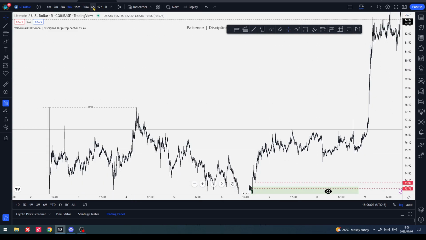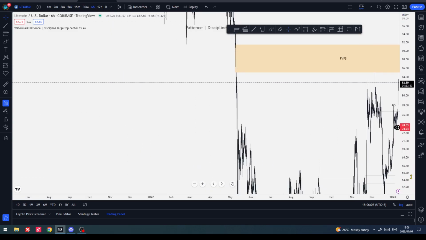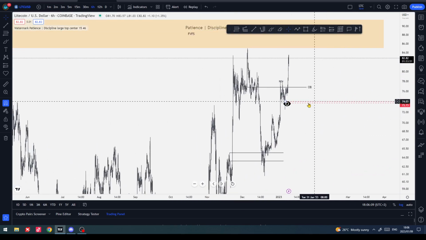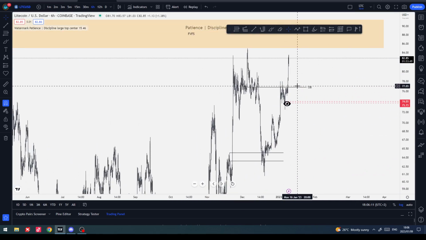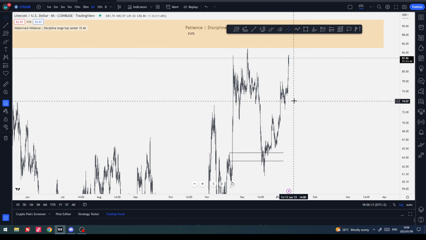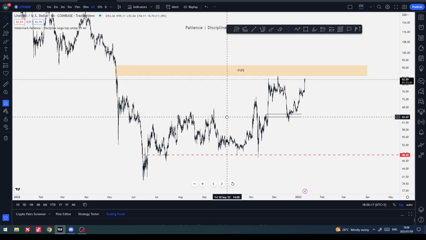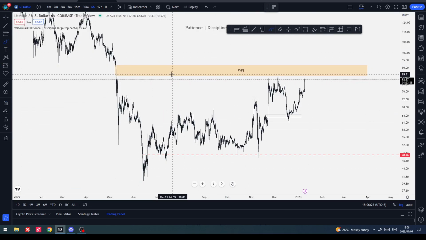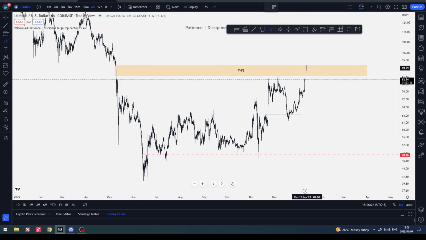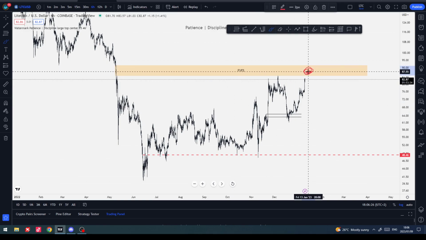Let's have a look at LTC. You can see the fair value for selling order block is just above us, so this could go into here and then sell off.